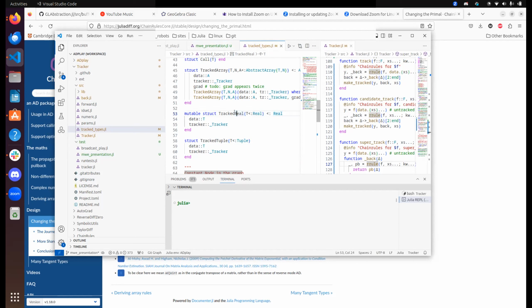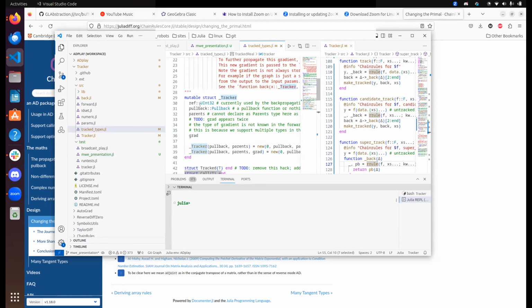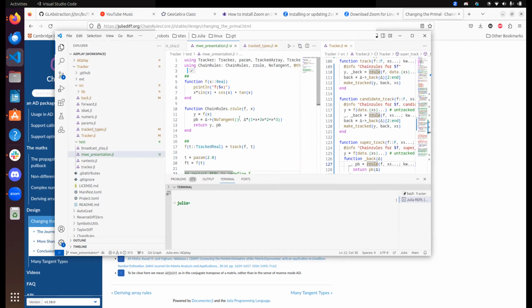So we create another structure called TrackedReal, and we record the original floating point number, the data, and some tracking information. The tracking information we record is the pullback and the parents of the current node in the graph. Now I did the change. We now have tracker working with ChainRules, but only for the first order derivative.